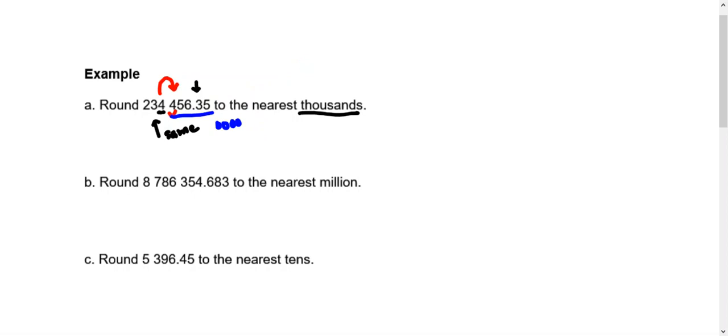If we were going to write this out or type this out, my 234, that's still going to be the same. And all the rest here are going to be 0 because we've changed that. So 0, 0, 0, dot 0, 0.